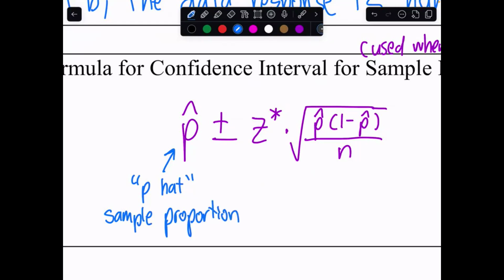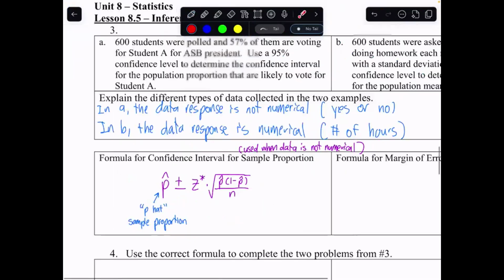Okay, so a proportion is like a percentage, right? It's like what percent of respondents met your data. Okay, so again, when you ask people, are you voting for Bob for president? They either say yes or no, which are not numbers, but you can say, oh, 70% of people said yes. So you could use 70% as your sample proportion.